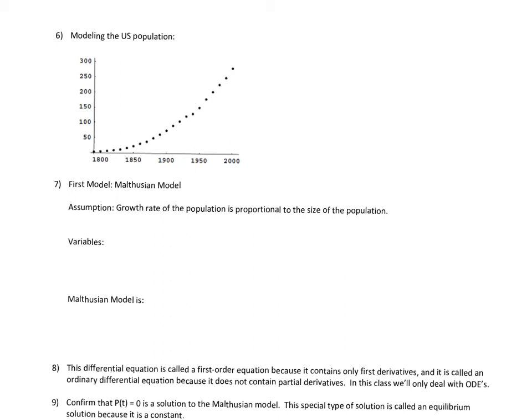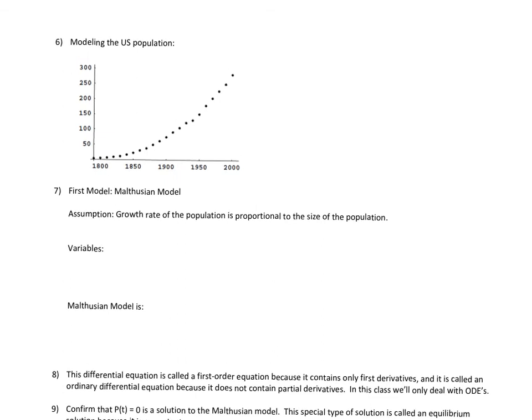So that is an assumption that makes sense, because the more people there are in a population, the more frequently they encounter each other, and the more quickly they are able to reproduce. So our variables here are the size of the population.